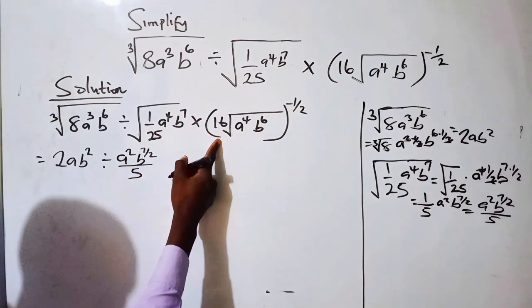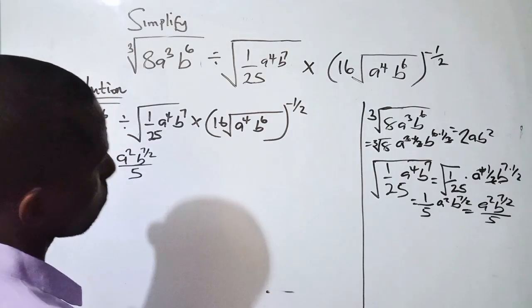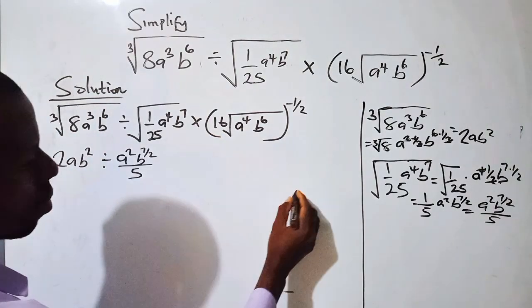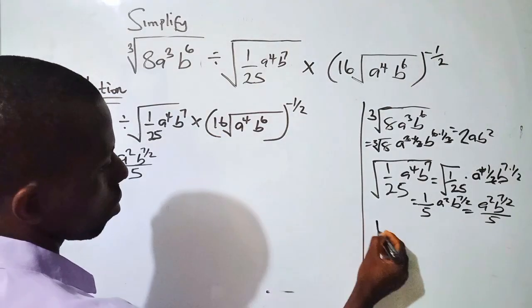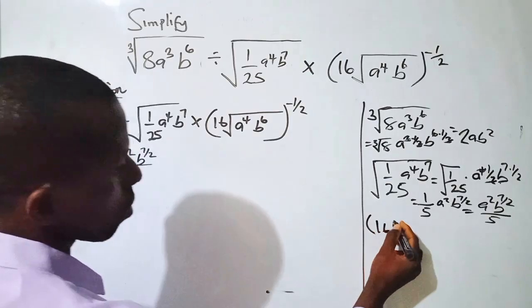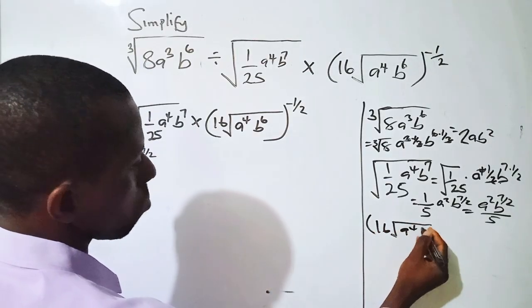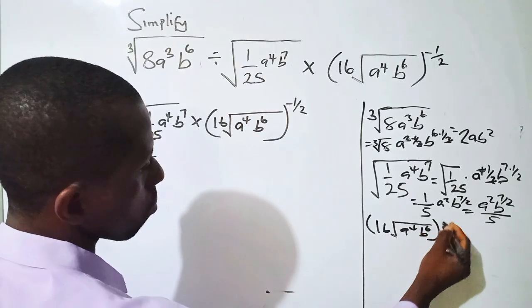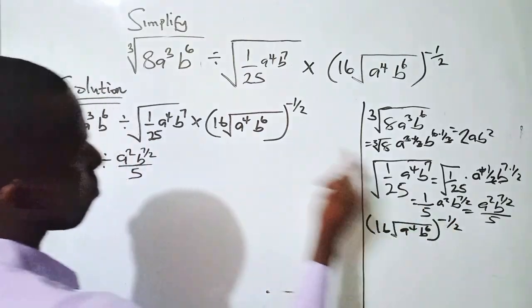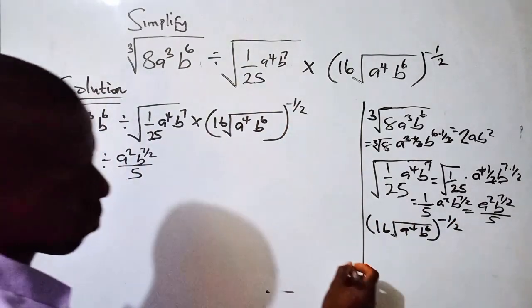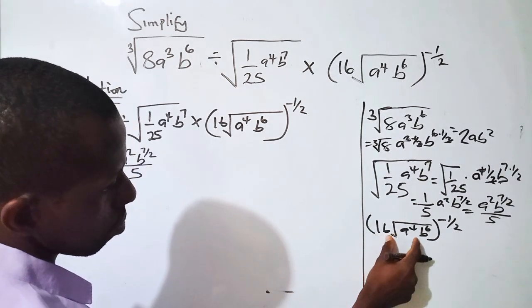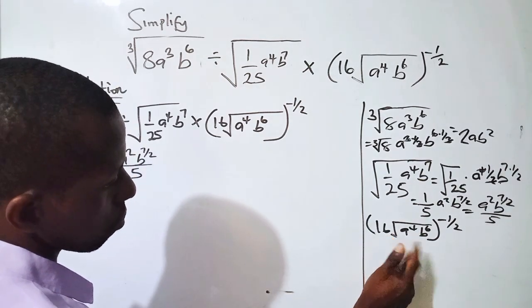So let us simplify this part. So we have this as 16 in the brackets, square root of a raised to power 4 b raised to power 6, raised to power minus half. So let us work out what we have within the parentheses first.